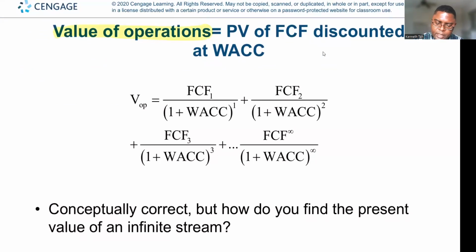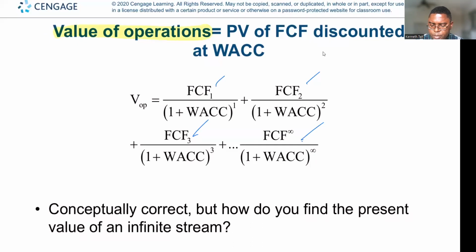So we'll have the present value of free cash flow 1 plus the present value of free cash flow coming in during period 2 plus free cash flow coming in period 3 up to infinity, because the business is assumed to be there forever. So this is really how we can obtain the value of operation, and this is true conceptually.